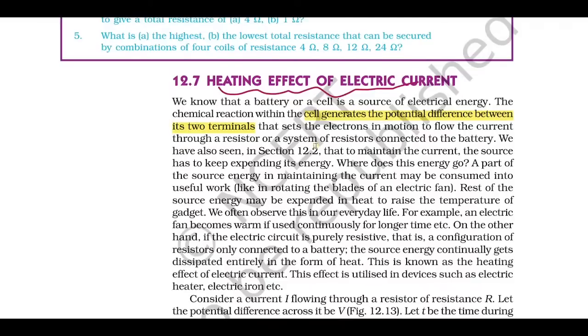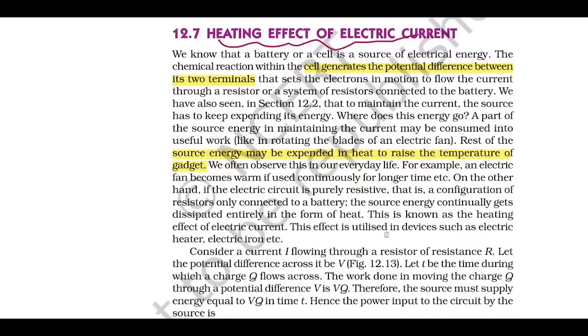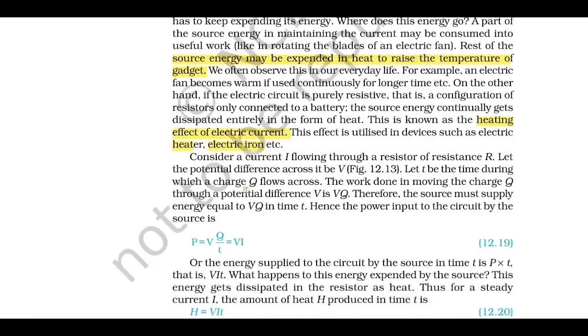Now, a part of the source energy in maintaining the current may be consumed in useful work, but the rest of the energy is expended in the form of heat, right? That effect is called the heating effect of electric current. This heating effect is utilized in a few devices like the electric heater, electric iron box, electric toaster, etc.